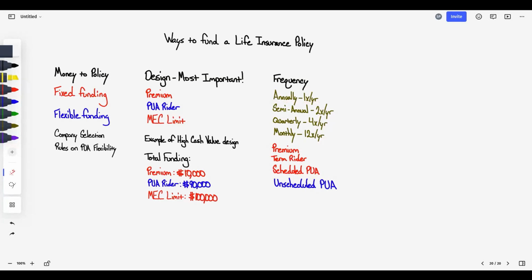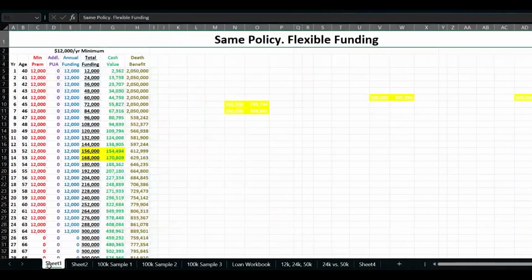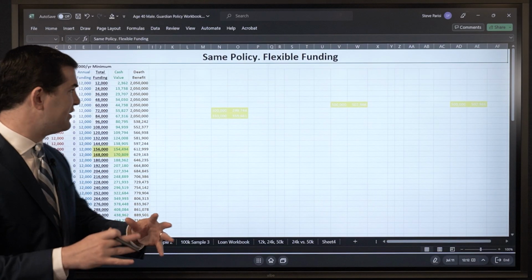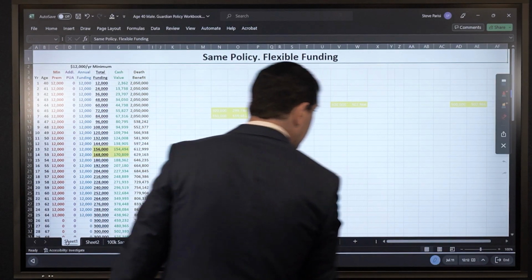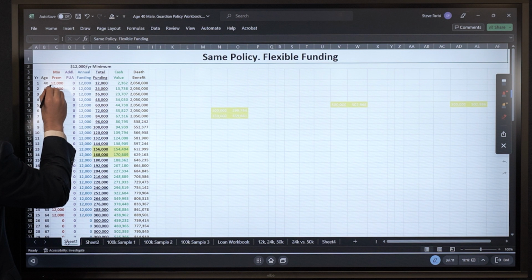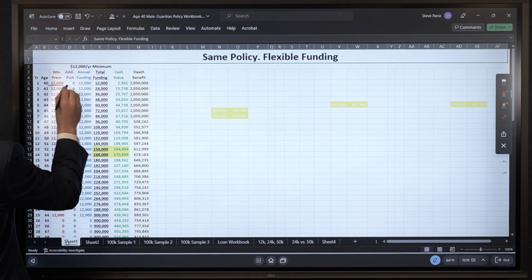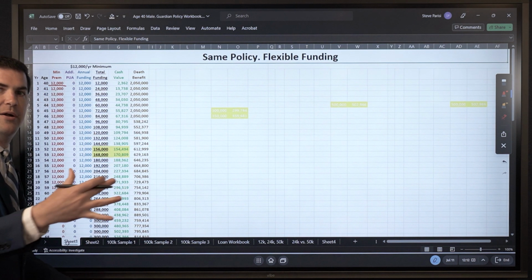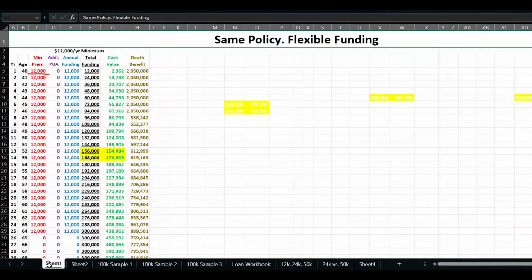Let's take a look. So what we've got here is a policy where I'm committing to about $10,000. The true minimum commitment here is $12,000 annually. That includes the $10,000 base premium, term riders, and then we round it up a bit. So $12,000 a year, or it could be approximately $1,000 per month.